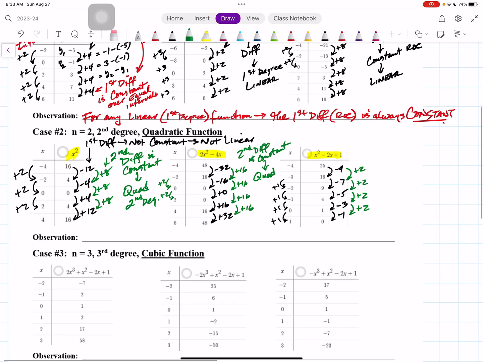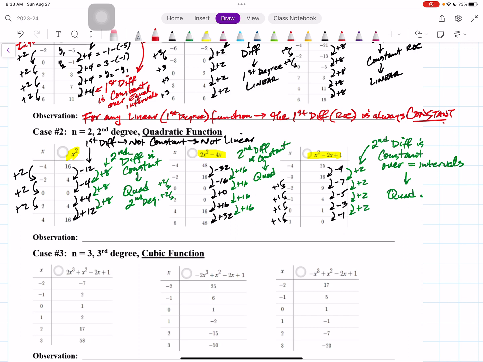So because the rate of change is constant over equal intervals, which we call the second difference to make it simple, the second difference is constant over equal intervals. That tells me that you have a quadratic function, which is a second degree function.